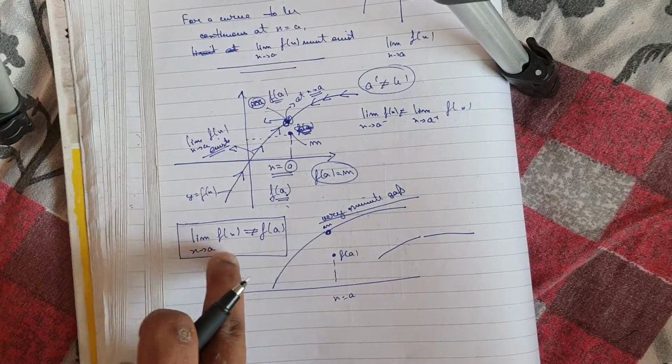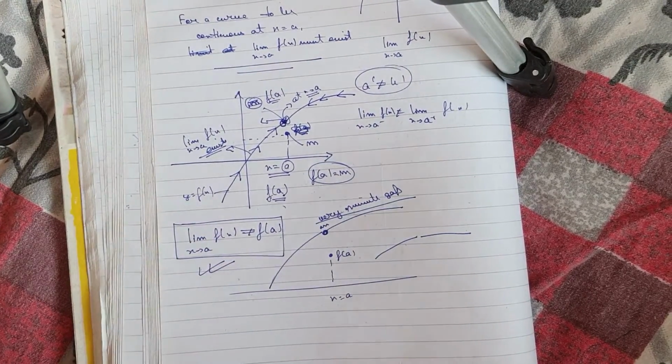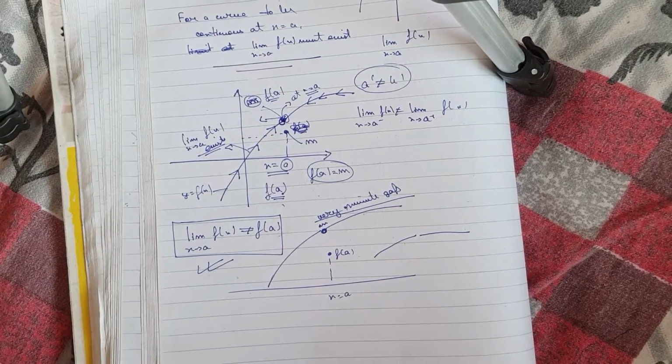So basically this is the actual condition which is required for a graph to be continuous at a certain point.